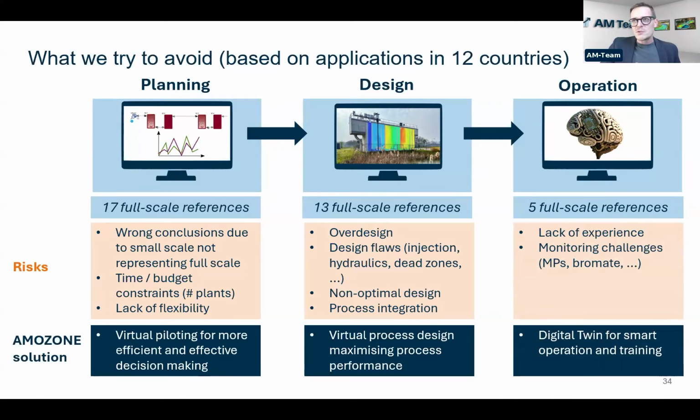And then when it comes to final operation, an experience gap is seriously an issue. Operators are used to operating a biological treatment plant, but suddenly they have to operate an advanced treatment plant. And even before the plant is being built, some of our customers are already getting trained on the digital twin, on the virtual facility.